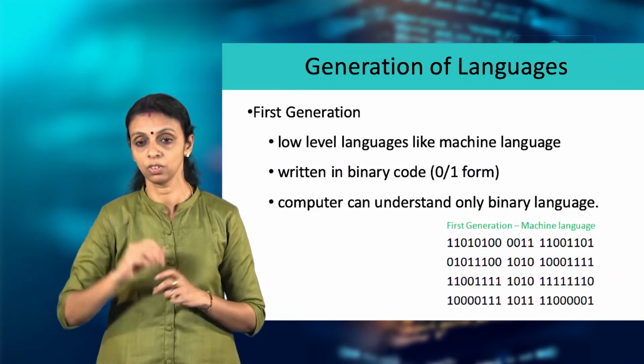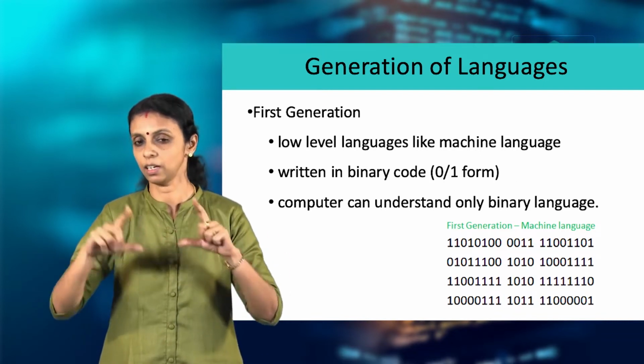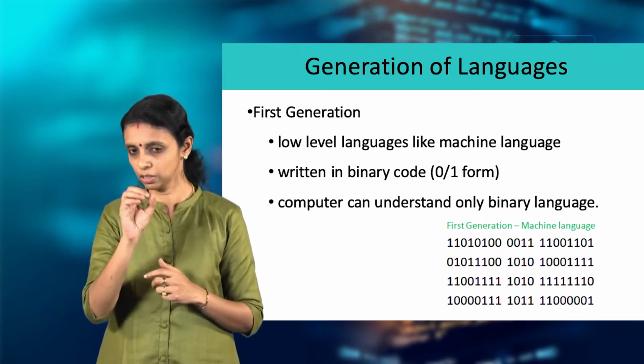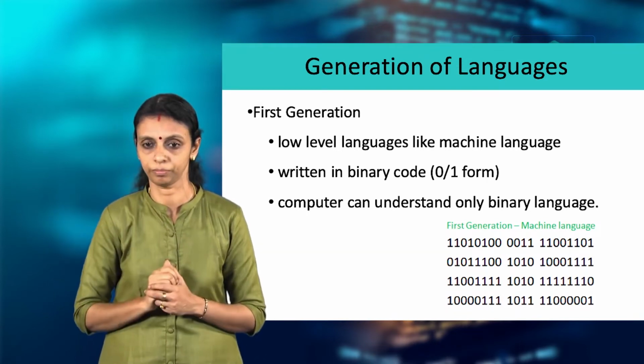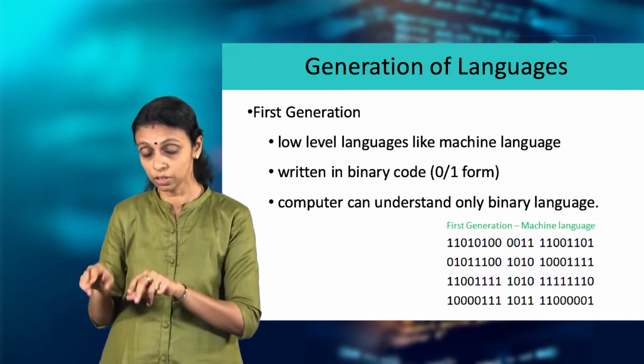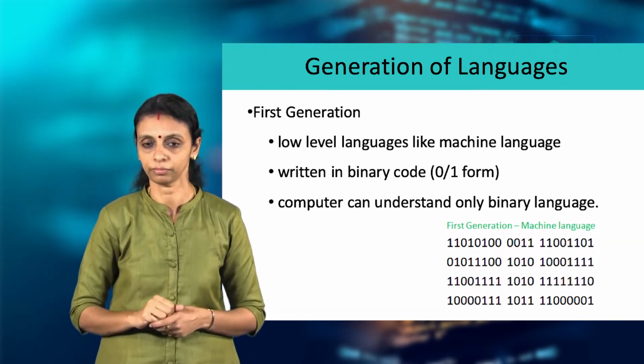These are low level languages like machine language. The machine language statements are written in binary code, that is 0 or 1 form, because the computer can understand only binary language.